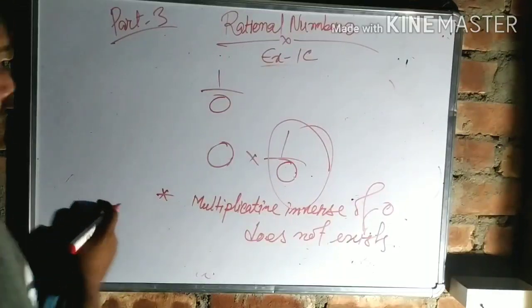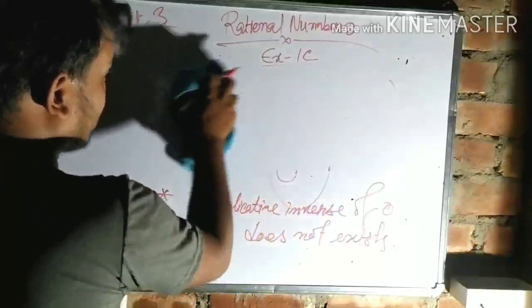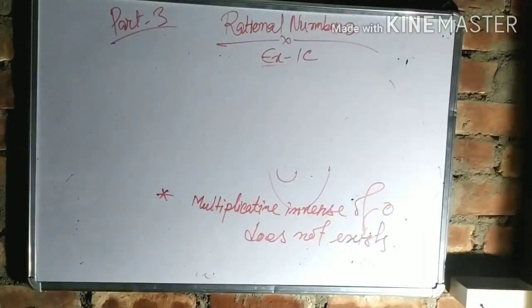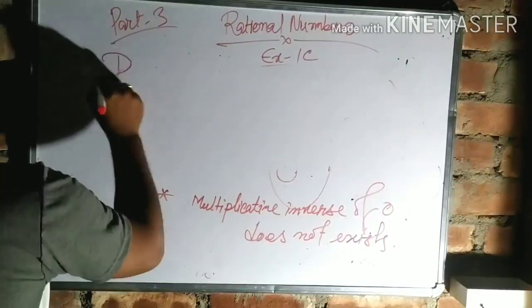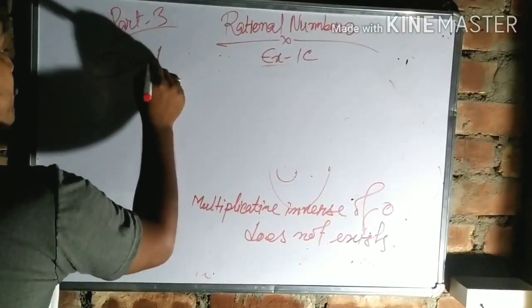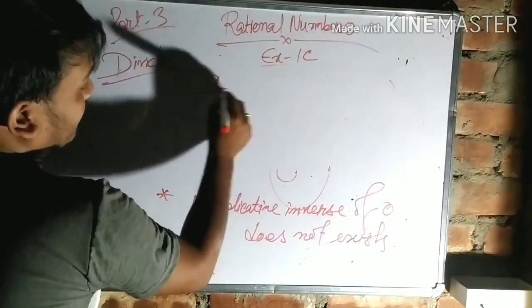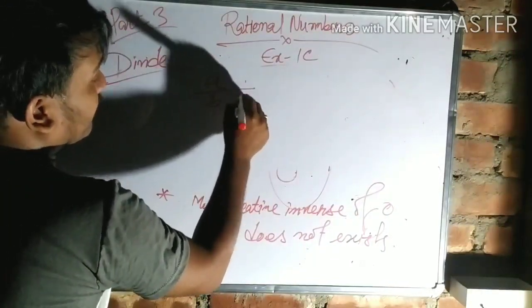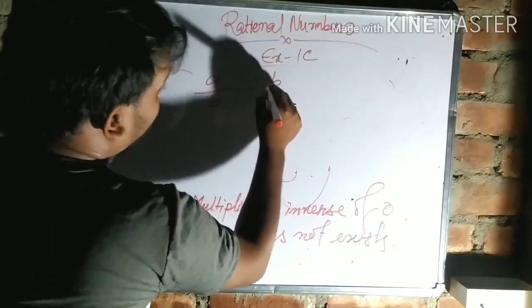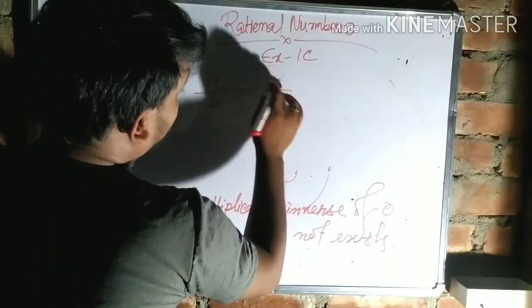Next thing is division. How to divide two rational numbers, A by B divided by C by D?